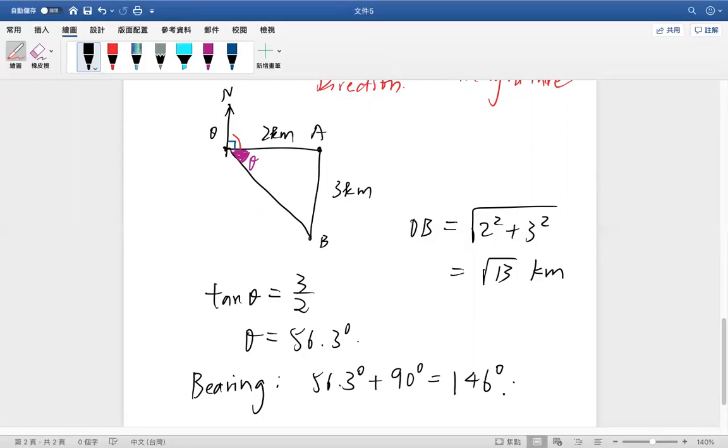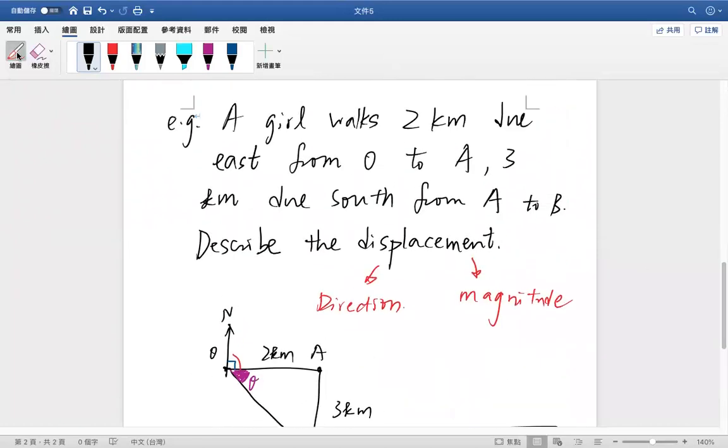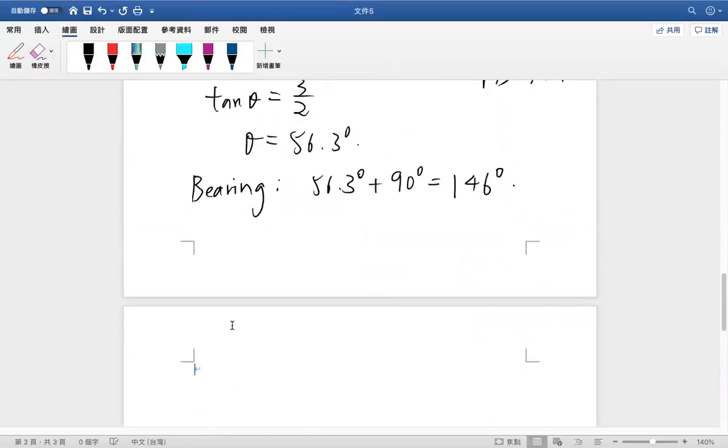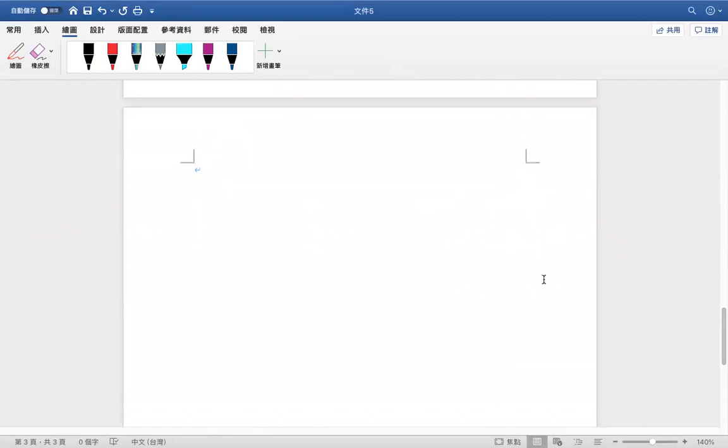All right, cool. So this is the first example that we encounter of a vector, which is a displacement. All right. Next one. Now for numbers, we have addition, we have multiplication, etc. Well, our question here is whether we have addition or multiplication in vectors.